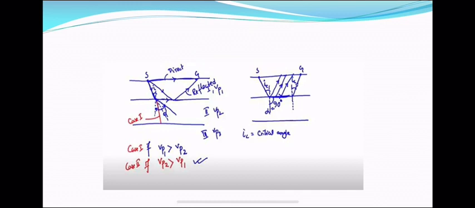So i_c is called the critical angle. So alpha will be equal to 90 degrees. When we follow this path again, it will be in a reverse direction and it will be the reverse path. So it will again be i_c, that is the critical angle. So this it will reach into the ground.